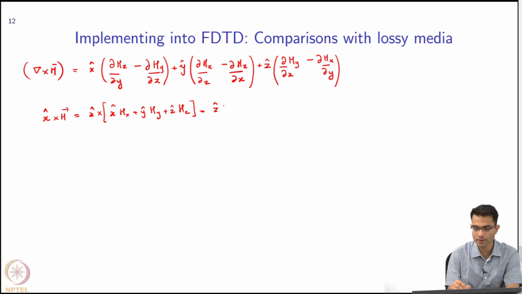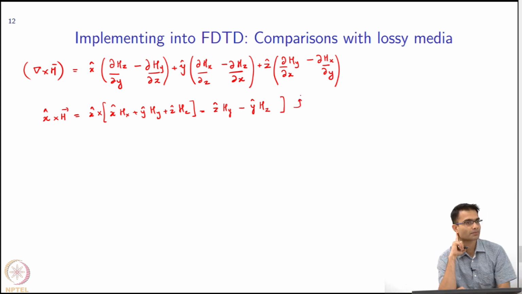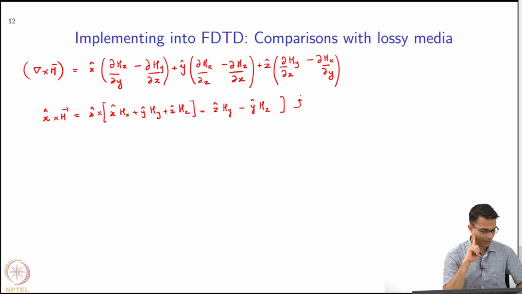So z hat is going to be H y, and I am going to get a minus y hat H z. Do you recognize a term like this somewhere in the expression above? What is common to these terms? The partial derivative with respect to x, d by dx, is appearing everywhere here.